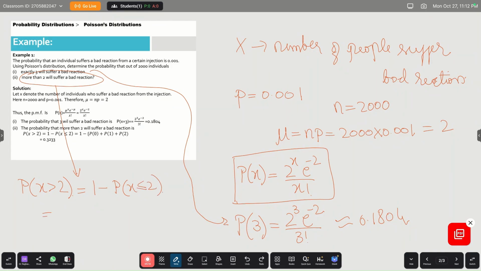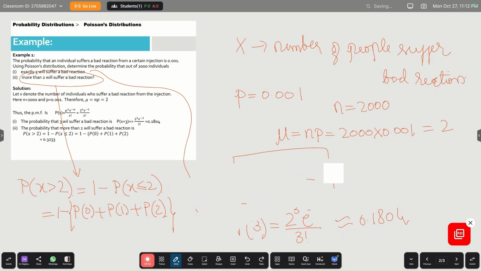And what are the values? 1 minus p of 0 plus p of 1 plus p of 2. So from 1 you need to subtract the sum of these probabilities. And what will be that? So first one, P of 0. P of 0 means mu power x, mu power 0.